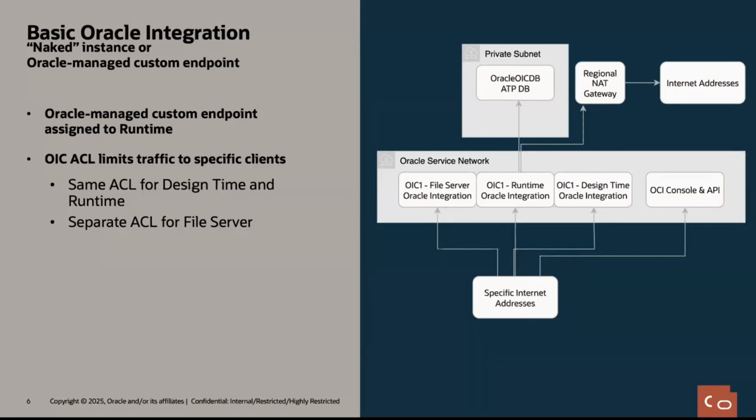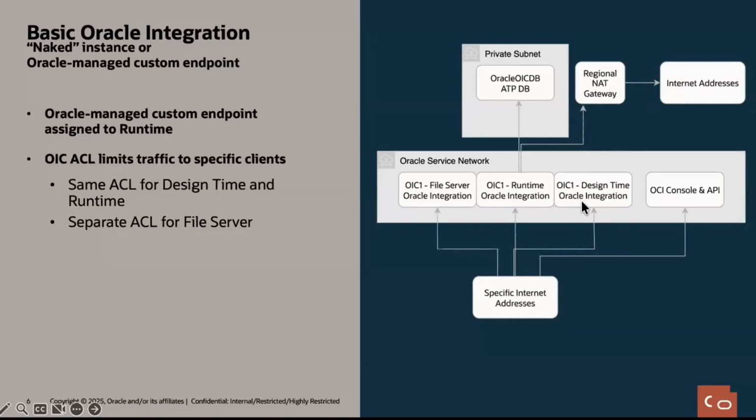And in most cases, we will also route the traffic to other regions over private Oracle connections. So just be aware that just because it's an internet address doesn't mean that you are necessarily going to the internet. So that's the runtime environment.